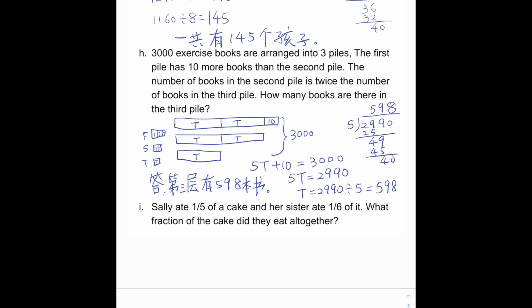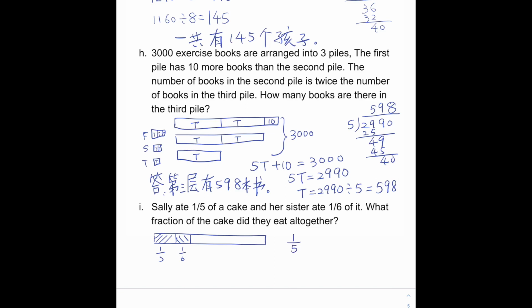Sally ate 1/5 of a cake, and her sister ate 1/6 of it. What fraction of the cake did they eat together? So it's 1/5 of the whole gone, and 1/6 of the whole.